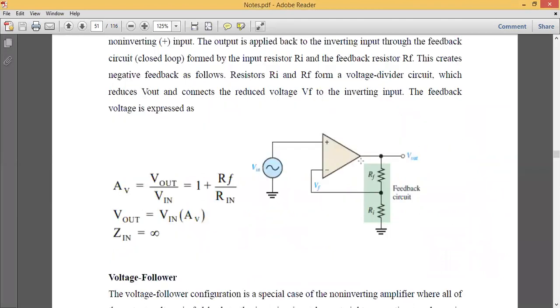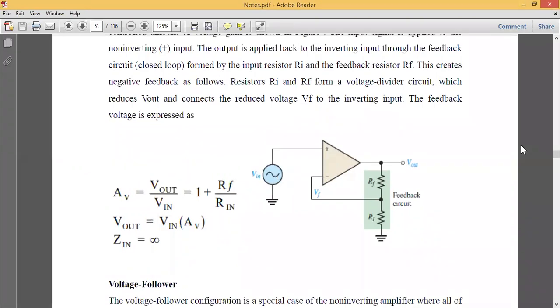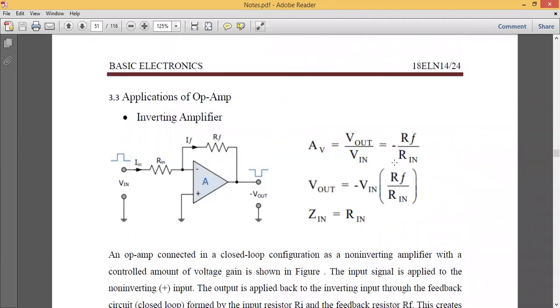Here you can see, input apply करे हैं, voltage divider आप देख सकते हैं. Then these are the equations. At the end of this inverting amplifier analysis, you should find the gain of the op amp. To find the gain of the op amp, we apply the Kirchhoff laws, one at the input loop.